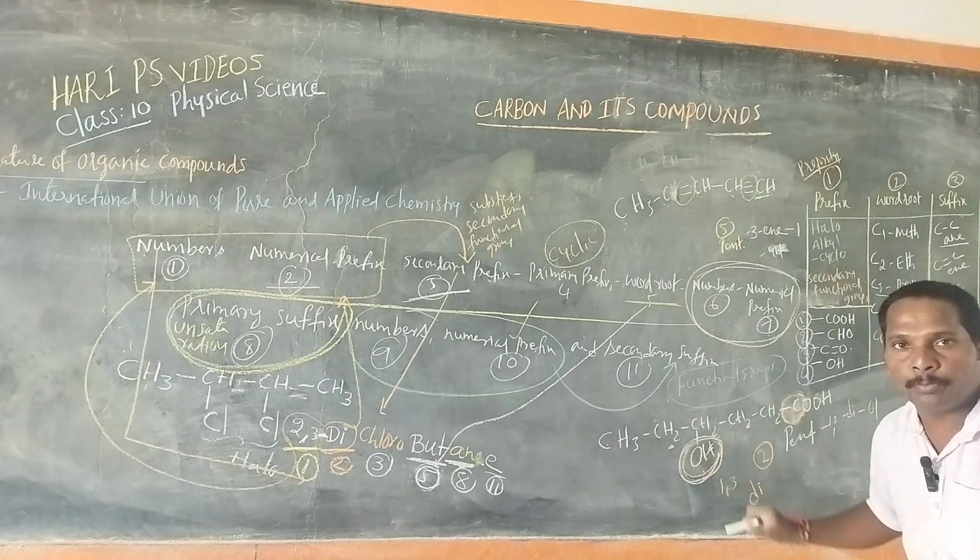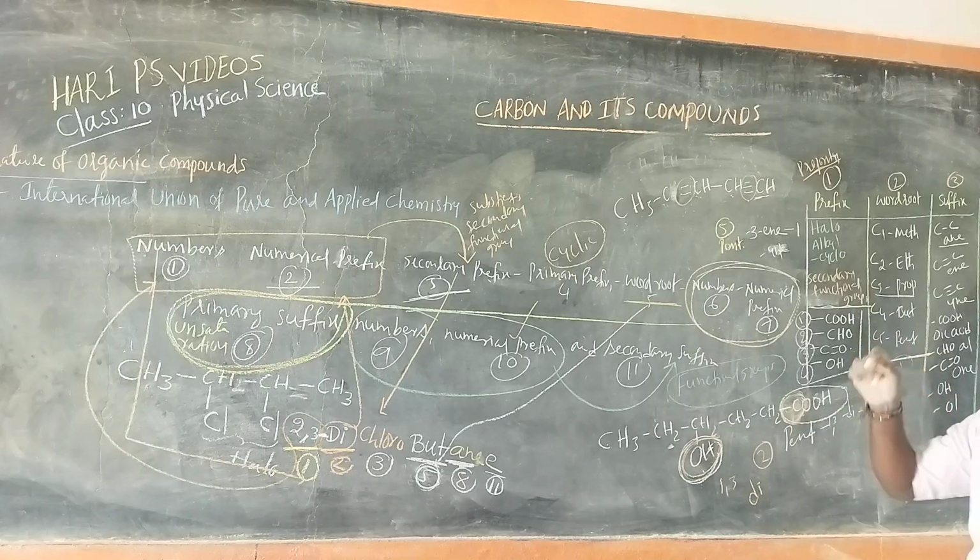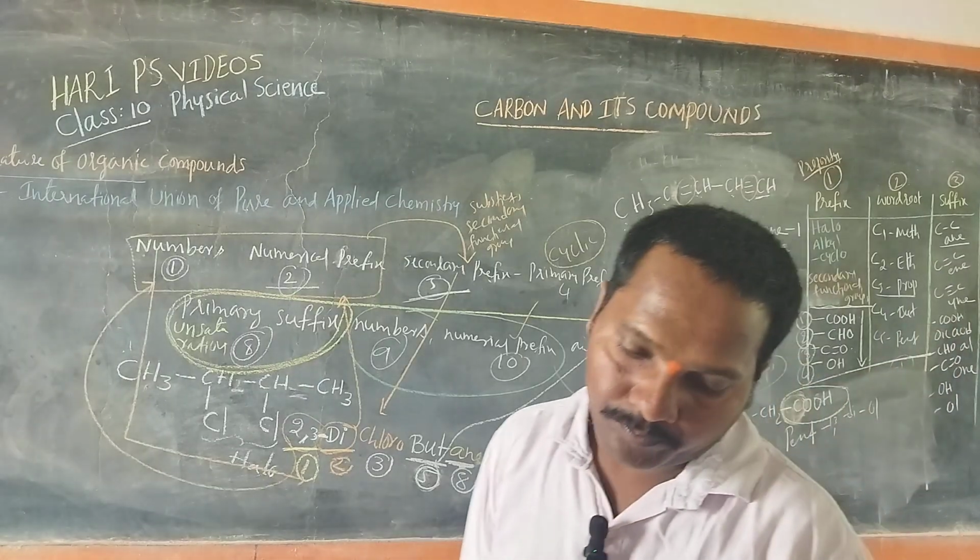COOH and OH both are there, but the first priority goes to carboxylic acid, COOH. Then after that, give the priority to OH. So this is the decreasing priority: first priority is COOH, second is CHO, then CO, then OH, like that we need to write.